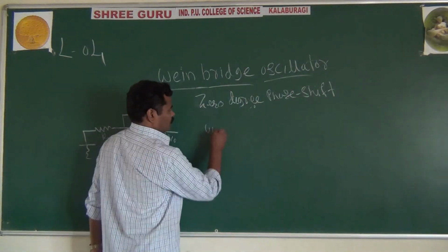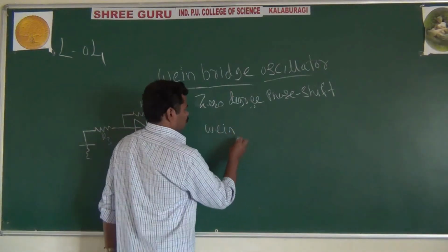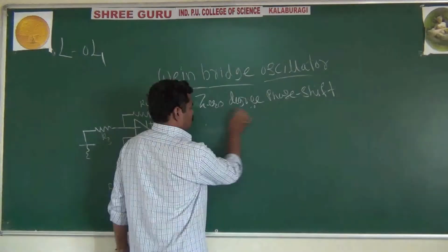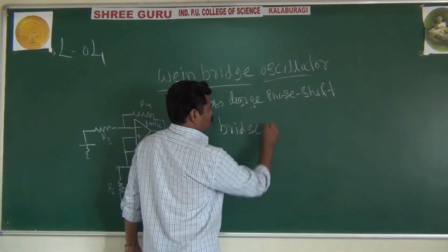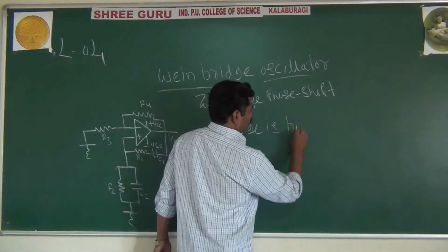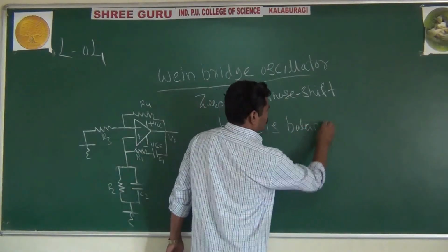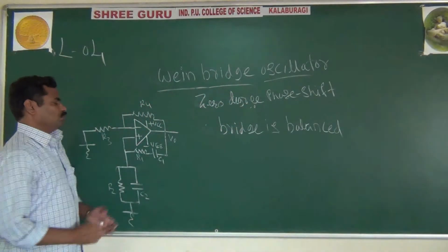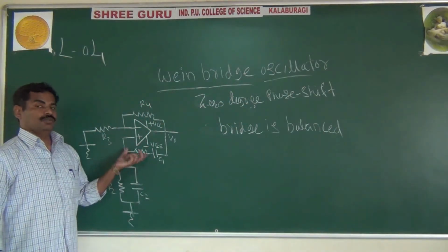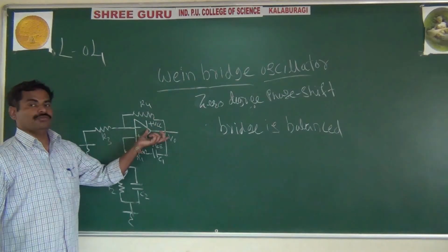Whenever the bridge is balanced, it selects only one particular frequency. It will reject all the other frequencies.